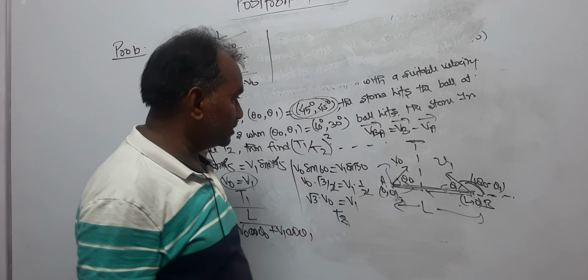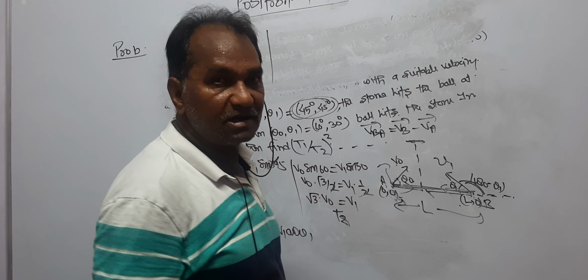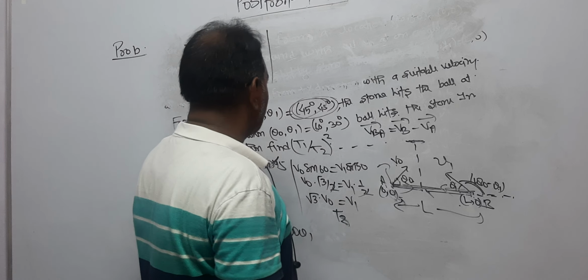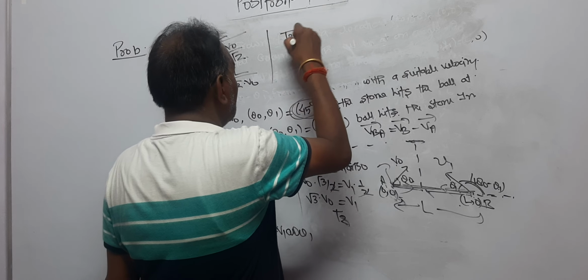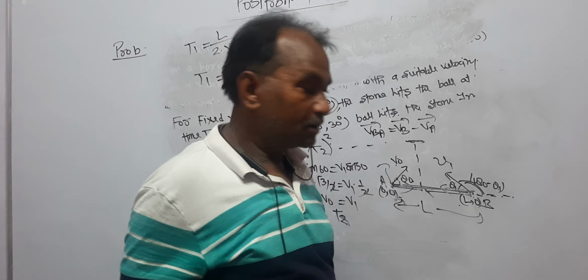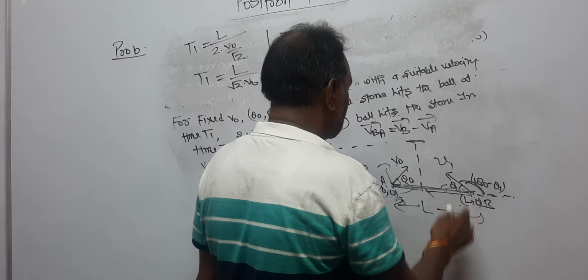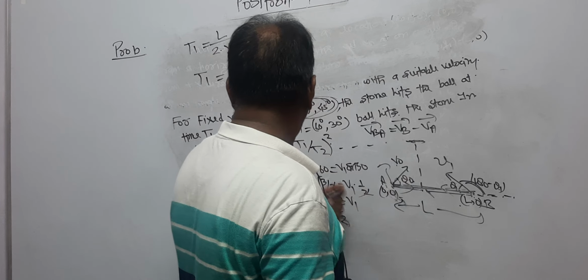Now again, dear student, look here. Let's talk about T2. T2 is the time taken in the case of 60 degree and 30 degree.